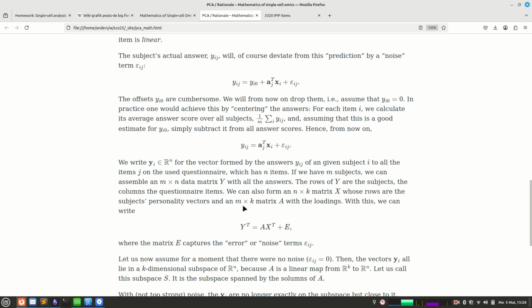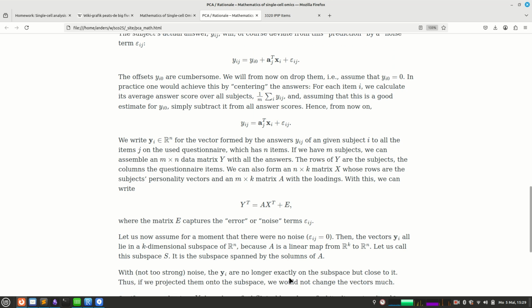So even though Y spans n dimensions, for the n questions, the subspace should only have k dimensions. Let us call this subspace S. It's the subspace spanned by the image of A, if you put in all of X, or actually by the columns of A. And we want to find this subspace now.